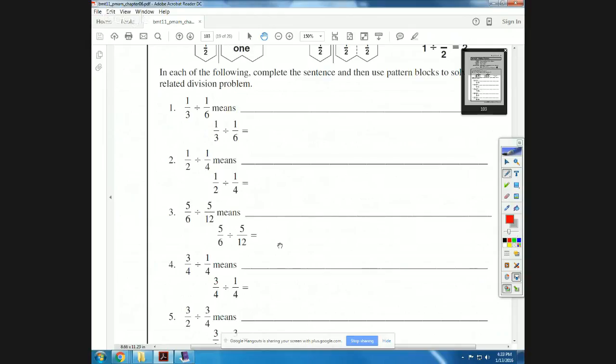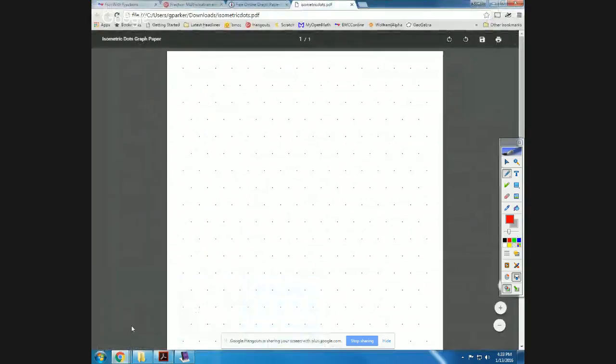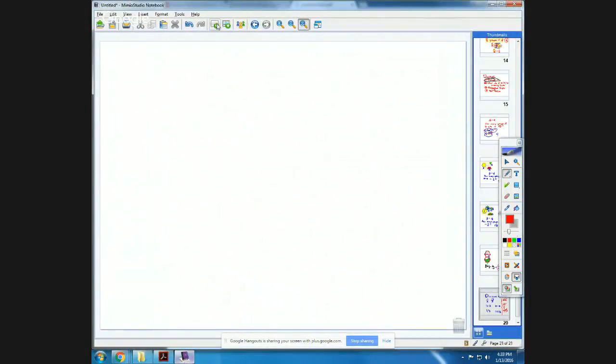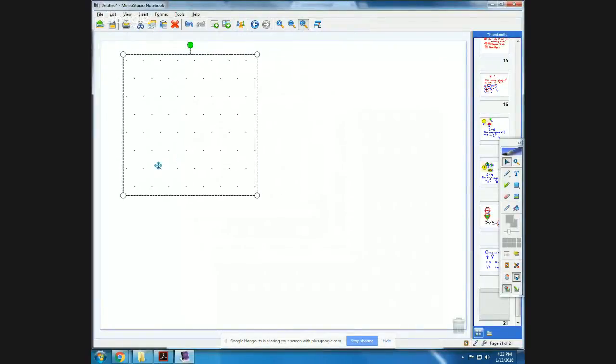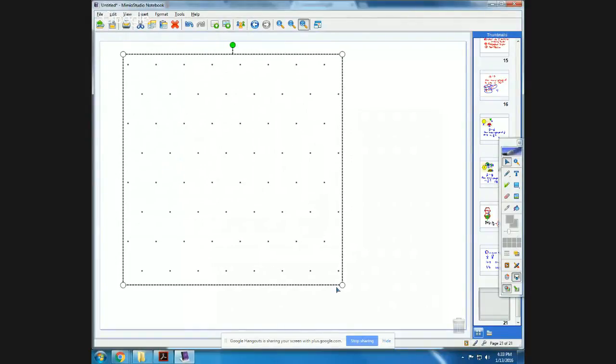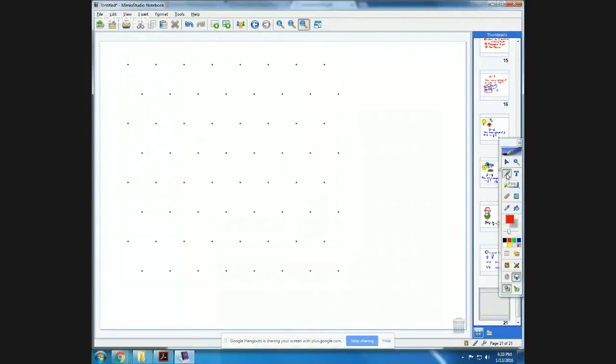So jumping here, I want the dot paper. Copy part of that. Make it slightly bigger. So let's see, what was a whole again here? Is it 2 things are a whole?